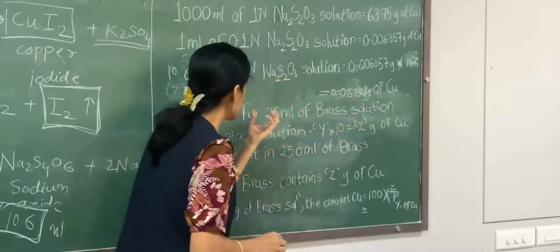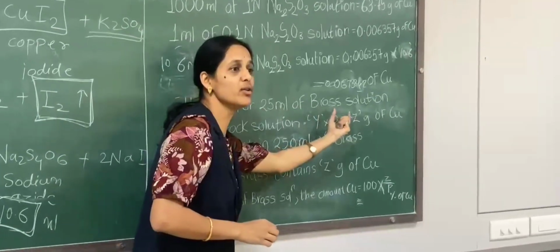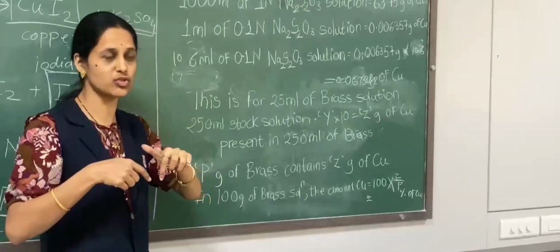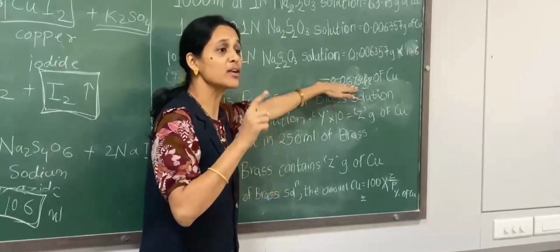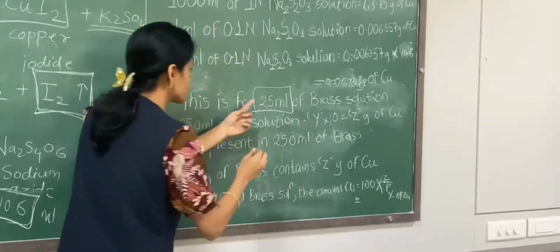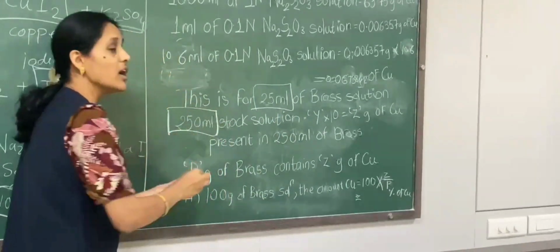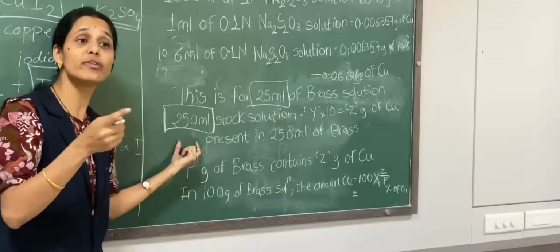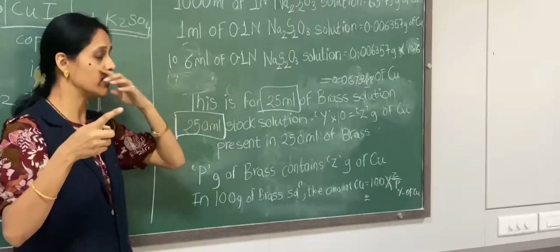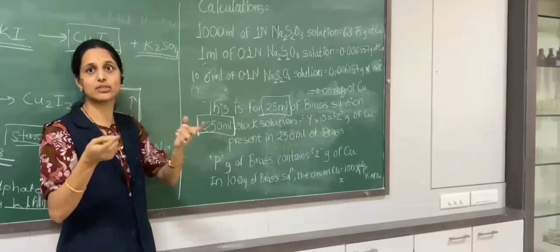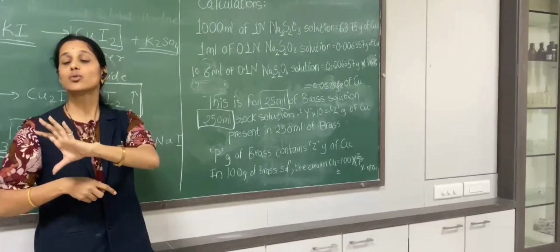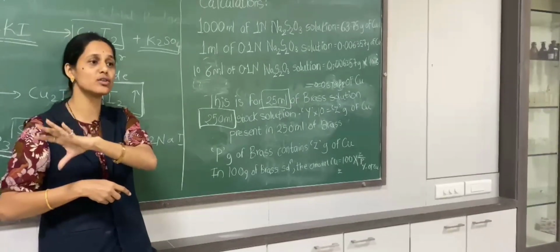But this particular value is for 25 ml of stock solution, because we took out 25 ml of stock solution. This 25 ml stock solution is taken from the 250 ml of stock solution. As Prabhanjan said, we dissolved that brass in the concentrated acid and made the solution up to 250 ml.